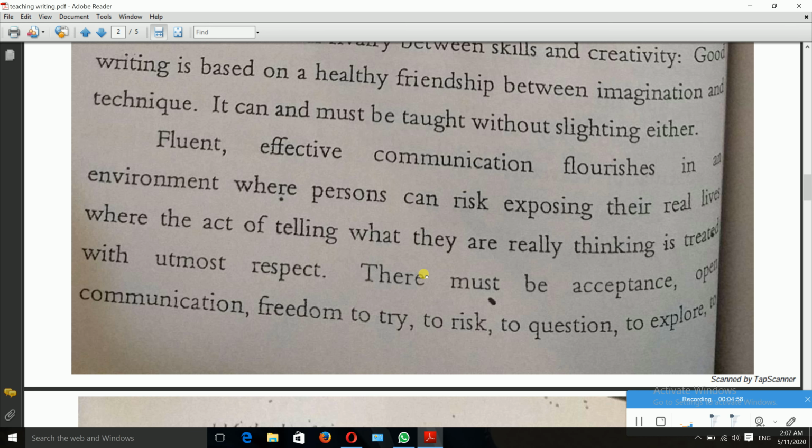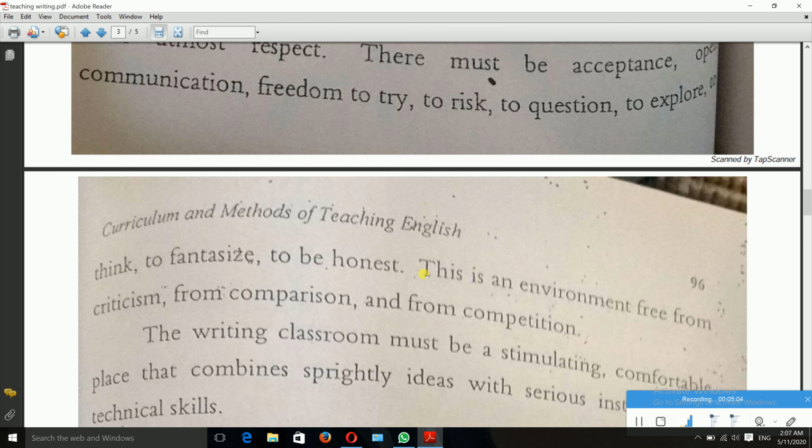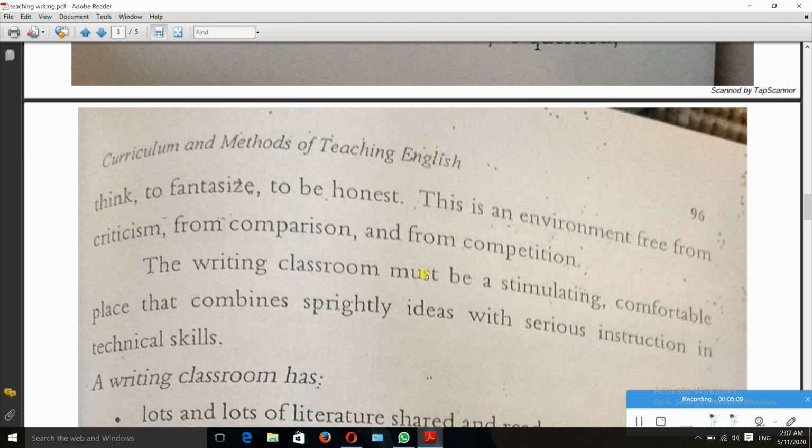There must be acceptance, open communication, freedom to try, to risk, to question, to explore, to think, to fantasize, to be honest. This is an environment free from criticism, from comparison, from competition.